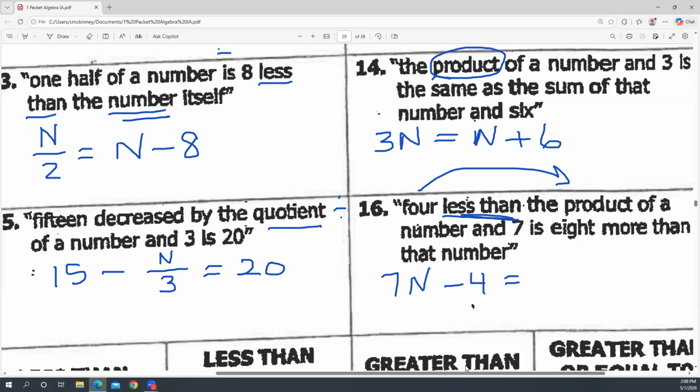So that equals 8 more than that number. So 8 plus n. Now, could I write some things a little bit differently? Well, with addition, I could switch the n and the 8, but much of this I couldn't write a different way because of the subtraction being involved or where the is placed. It has to be where the equal is.